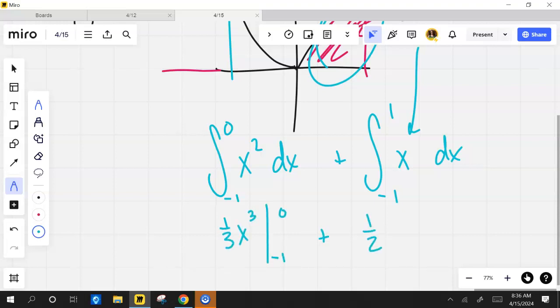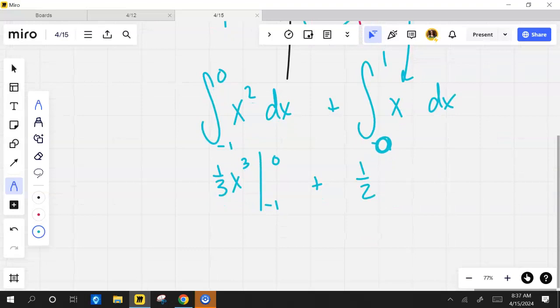I had a half here, or you could do a half x squared and evaluate from 0 to 1. Either way, you'll come out to 0 minus negative 1/3 when you plug in, plus a half. Common denominators, you get 5/6.